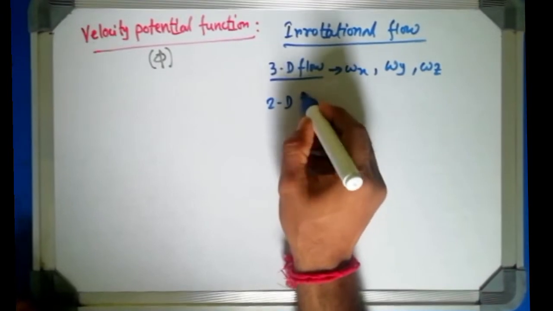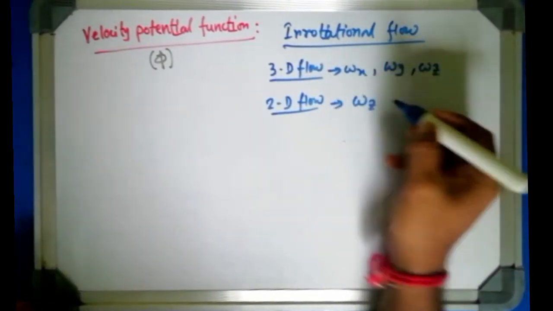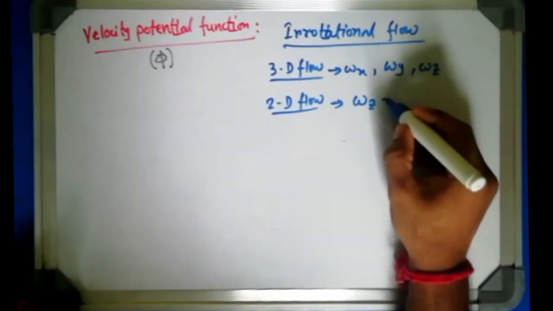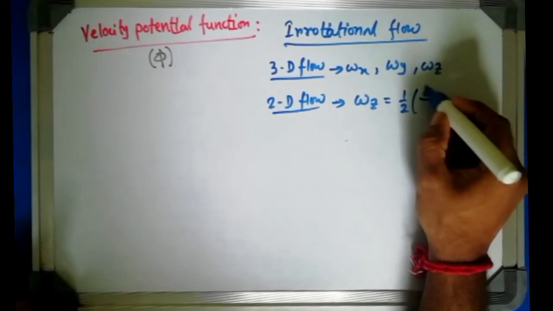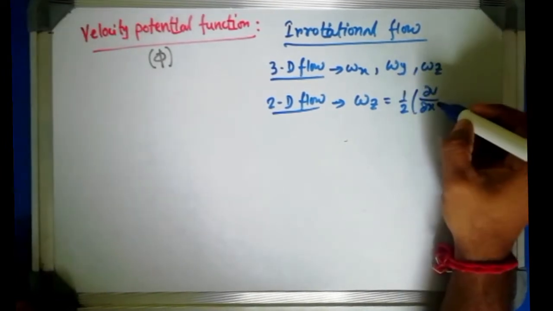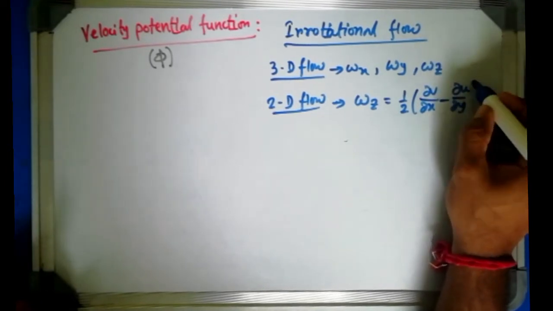But if we concentrate on 2D flow, only the omega z component will be there, and omega z I have written in this pattern: half into del v del x minus del u del y.